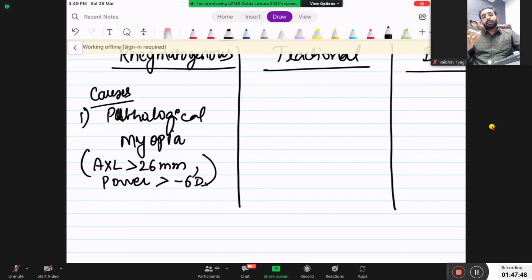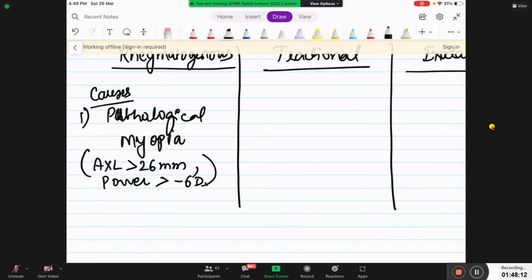So if the axial length is more than 26 and the power of the glasses is more than -6, then it is called as pathological myopia. So these pathological myopia patients, they are prone to develop a rhegmatogenous retinal detachment. Okay.